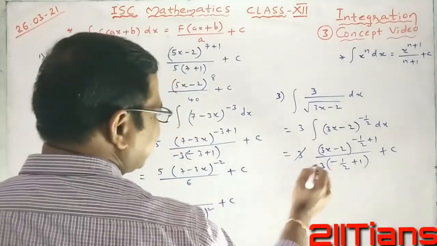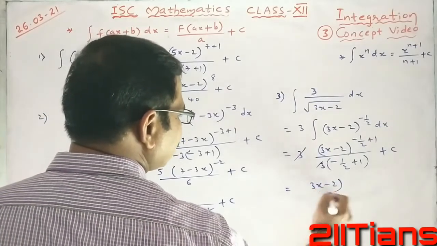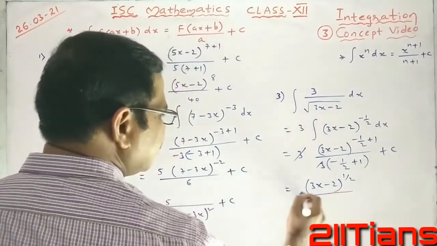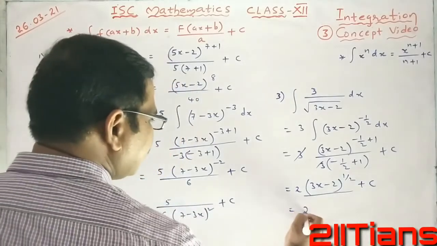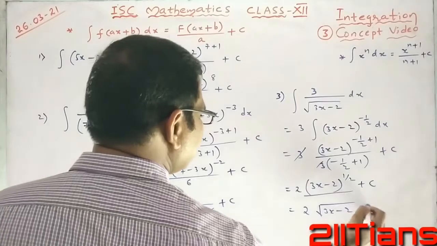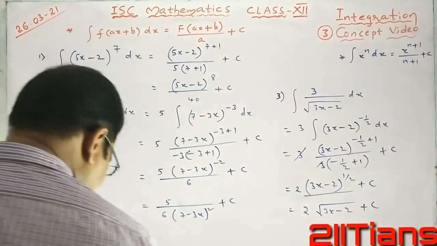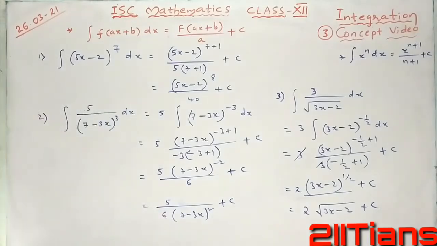So this 3 can be cancelled. So 3x minus 2 whole to the power 1 by 2 by 1 by 2. This will be 2 plus c. So whole to the power 1 by 2 means we can write square root again, 2 root 3x minus 2 plus c. Okay, that way we can express.